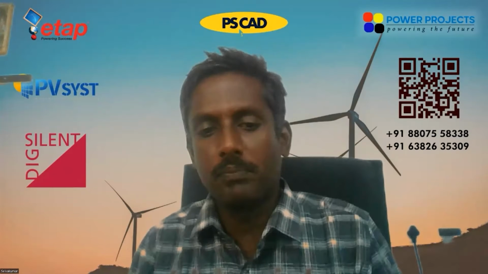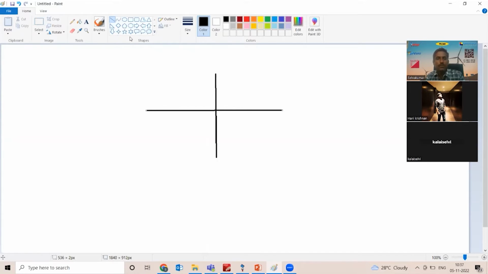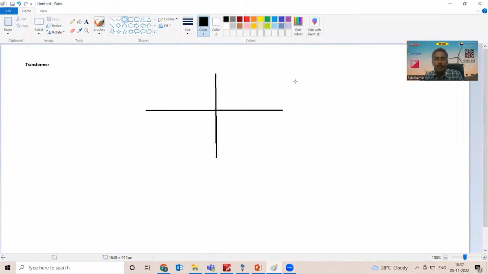What I mean by that, let's have probably a paint. So I have kept the x-axis and y-axis. First, let me take a transformer. Let me try to draw the capability curve of the transformer. A transformer has a capability curve. Unfortunately, we are not really worrying about it, but literally it has a capability curve.